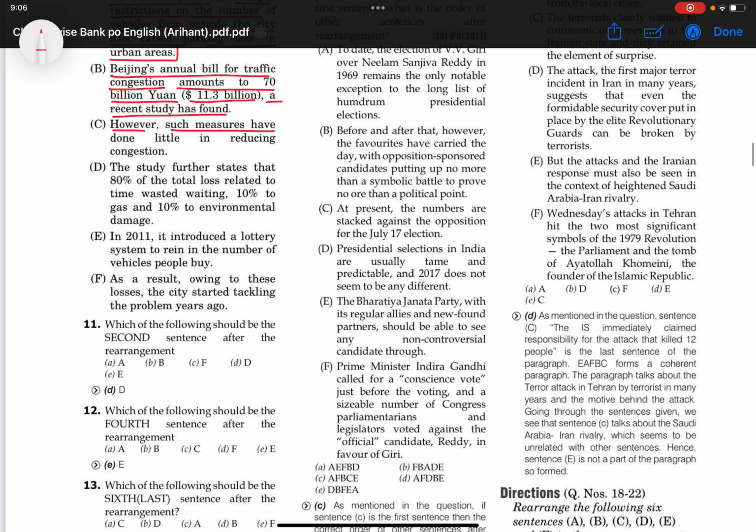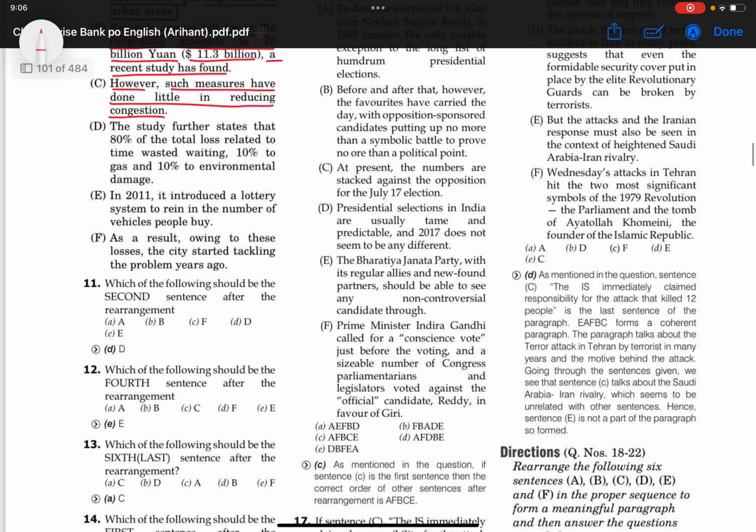However, such measures have done little in reducing congestion. The study further states that 80% of the total loss is related to time wasted waiting, 10% to gas, and 10% to environmental damage. In 2011, it introduced a lottery system to rein in the number of vehicles people buy. As a result, owing to these losses, the city started tackling the problem years ago.